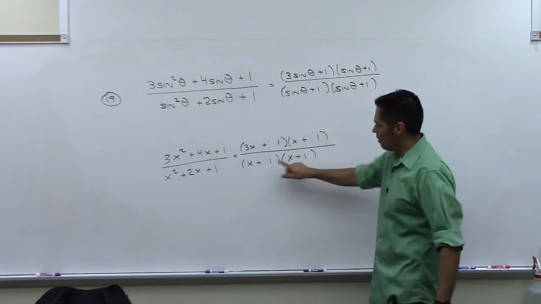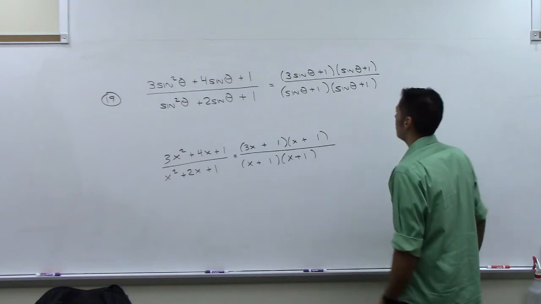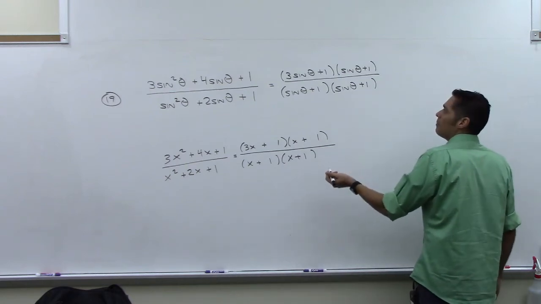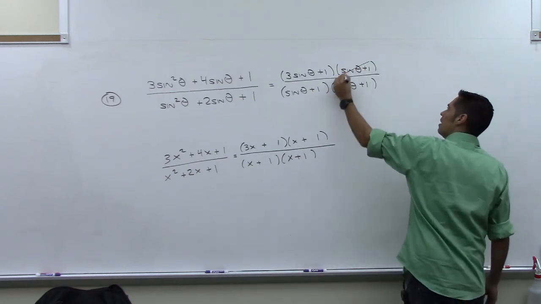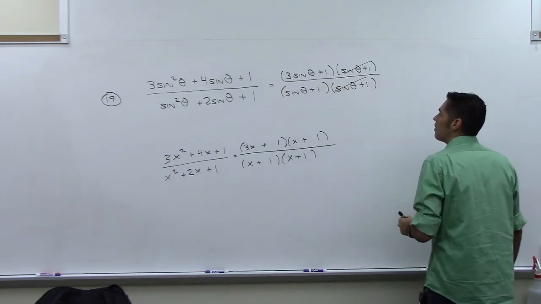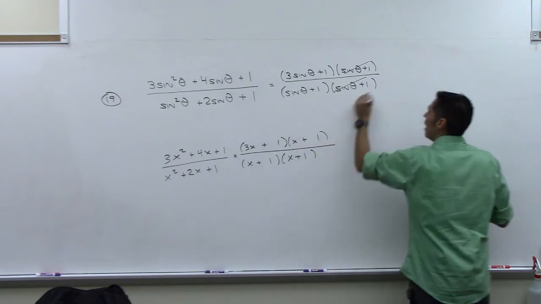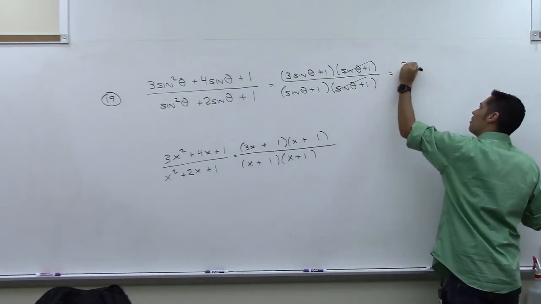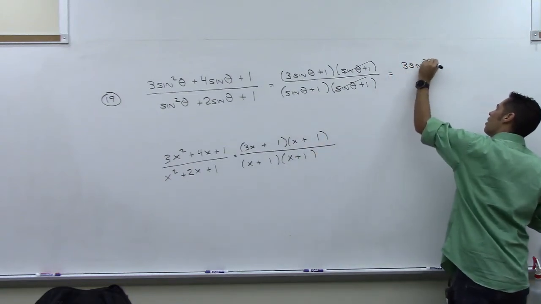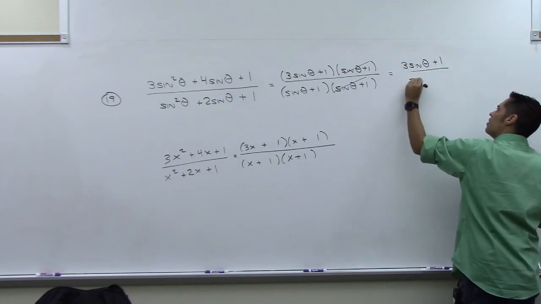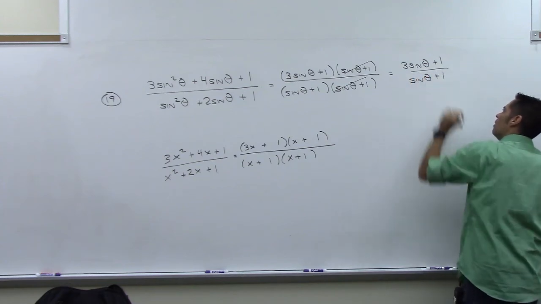So I'm just replacing all the x's here with sine thetas. And the only thing that happens here that's good is that this factor and this factor cancel. These look like they would cancel, but again, we have addition between them, so we can't do that. So we're just left with 3 sine theta plus 1 over sine theta plus 1.